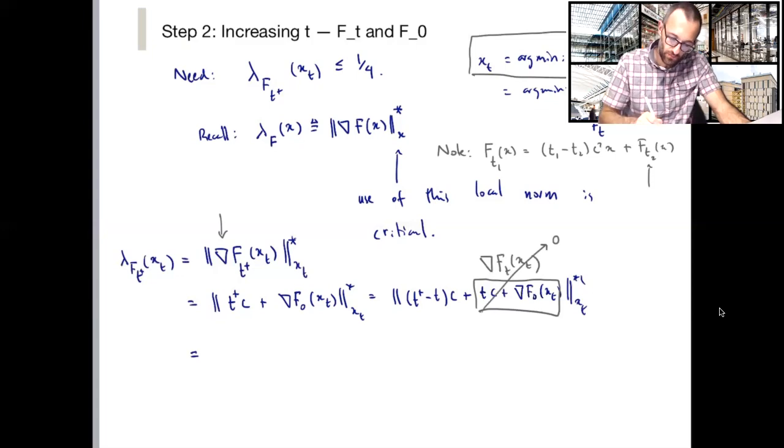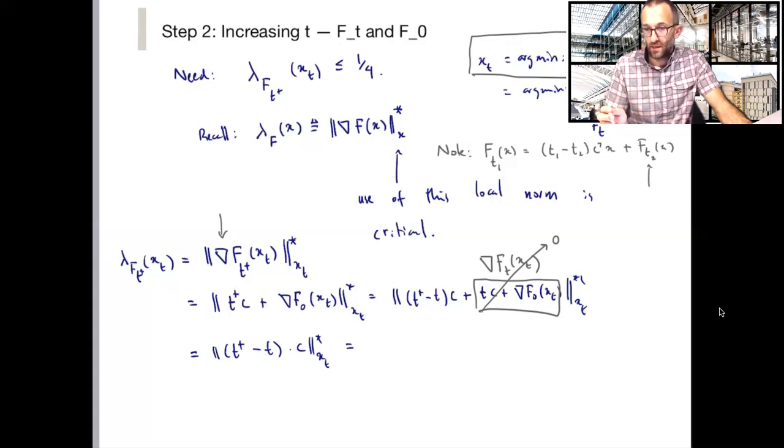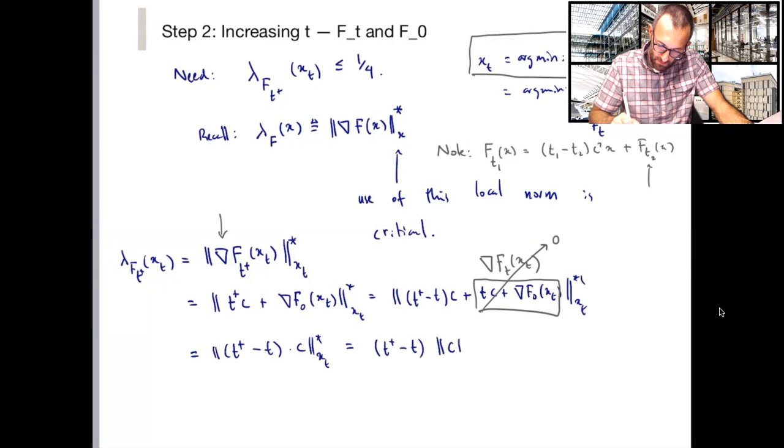It's just equal to (t⁺ minus t) times c. Or, since all norms are positively homogeneous, I just take out this term, (t⁺ minus t), times the norm of c.